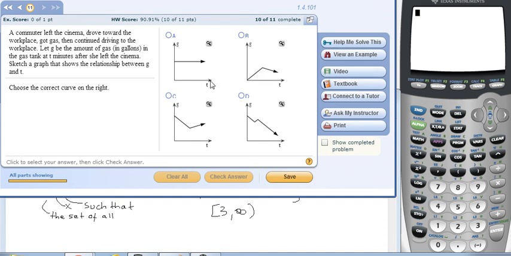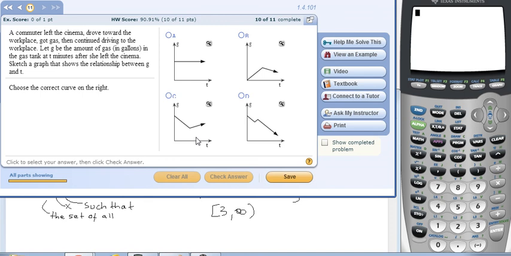So that one's out, okay? So leaving the cinema means you're using gas, okay? So it can't be this one, because up is filling your tank at the gas station. So A and B are out. So here we're driving, and here we're driving. So it's either C or D, okay?